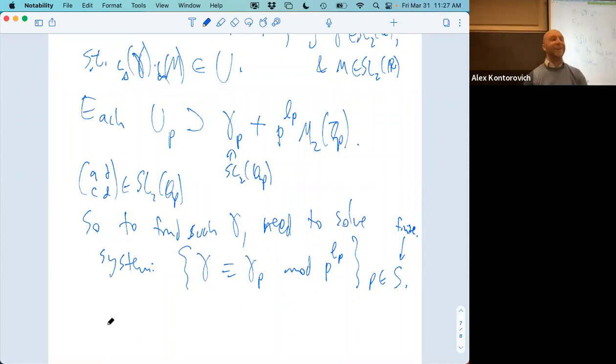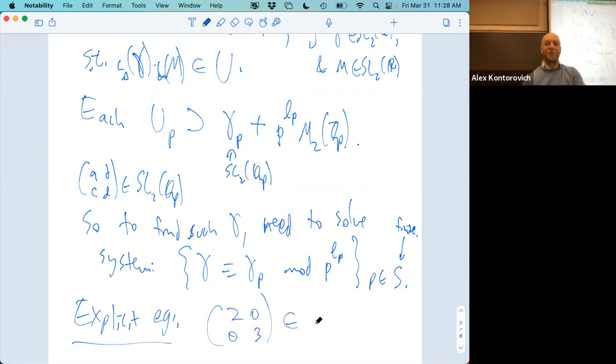So let me illustrate why this is subtle. Let's do an explicit example. I think I'm losing you guys. Okay, here's a matrix, (2 0; 0 3). This is a matrix in SL2 Z mod 5, because the determinant is 6 and 6 is 1 mod 5.